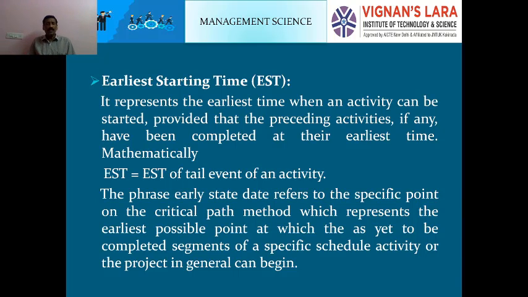First of all, mathematically, EST can be calculated as EST of the tail event of an activity. The early start date refers to the specific point on the critical path method that represents the earliest possible point at which the remaining segments of a specific schedule activity, or the project in general, can begin.